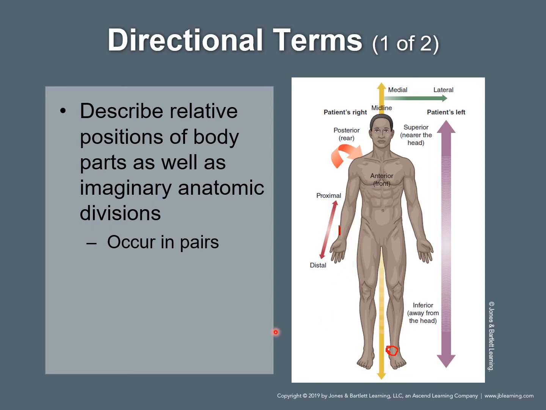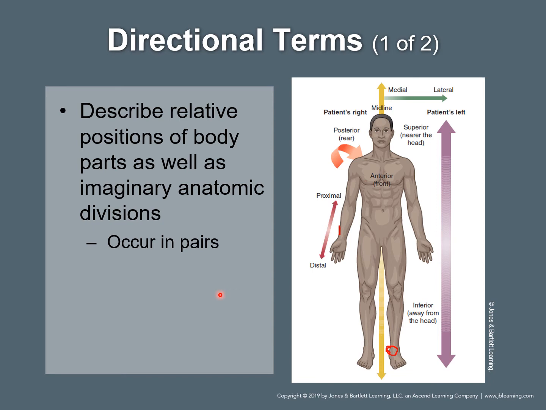Besides just saying, oh, he's got a swollen ankle. Oh, he's got a laceration on his arm. Oh, he's got a hematoma on his head. These are very, very important terms as far as taking your patient and telling their story, turning your narrative into an actual story and painting a picture.